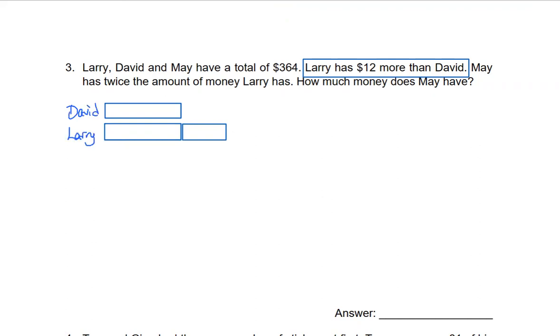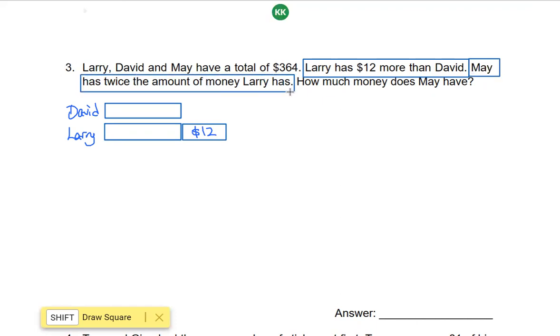Larry has the same amount as what David has, but $12 more. Now let's take a look at the next one. May has twice the amount as Larry, which means whatever Larry has, May also has.